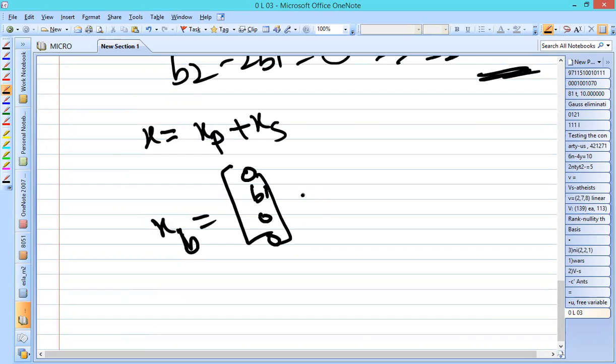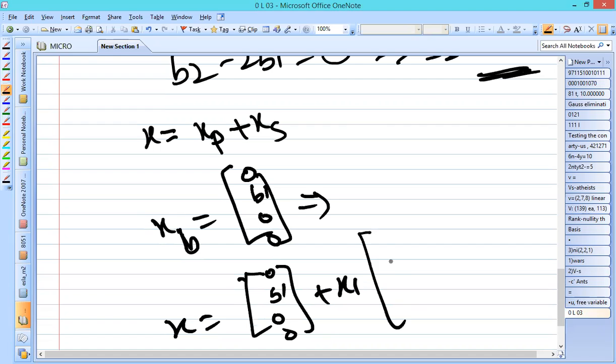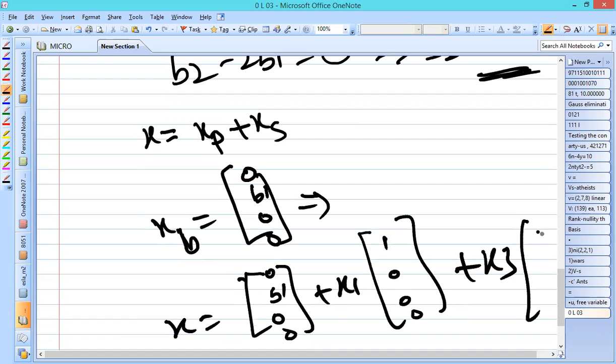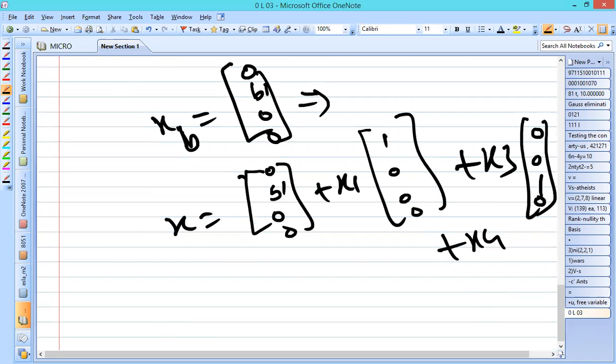Which implies that x is equal to 0 B1 0 0 plus x1 times 1 0 0 0 plus x3 times 0 0 1 0 plus x4 times 0 minus 3 0 1.